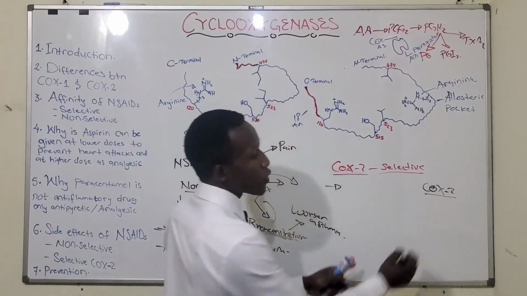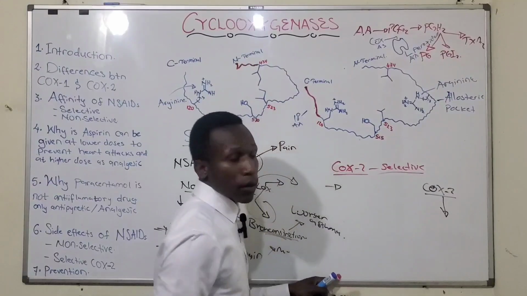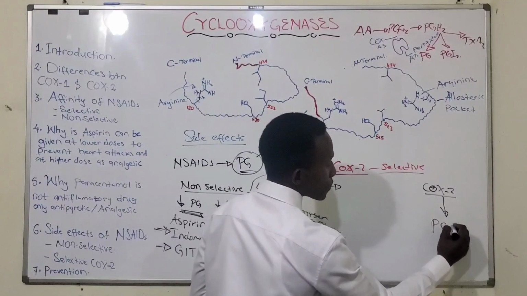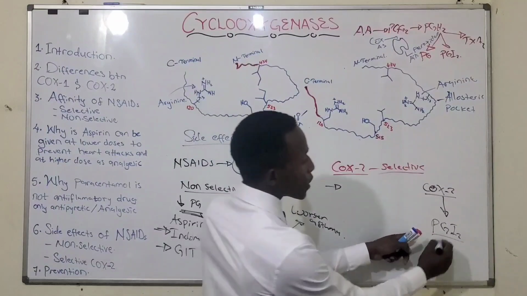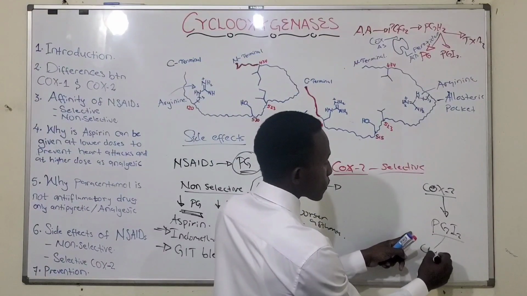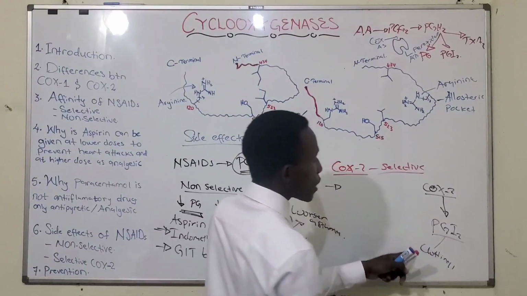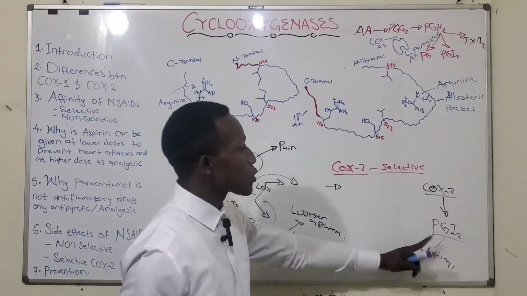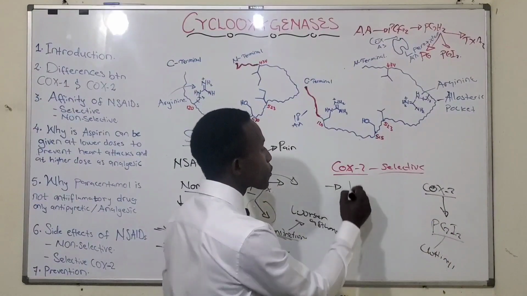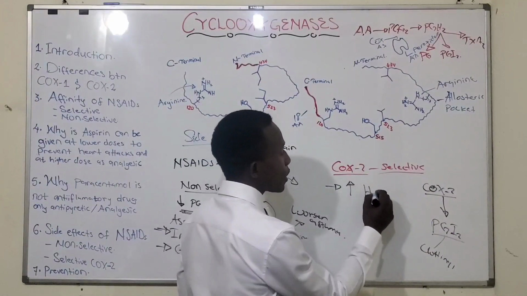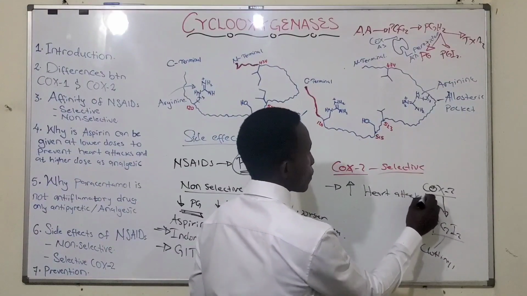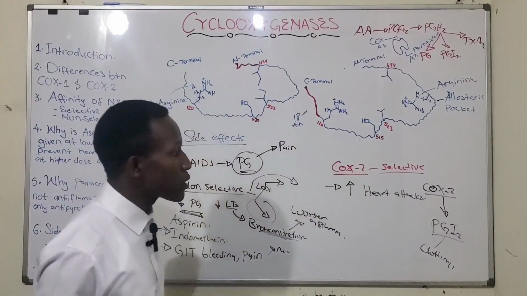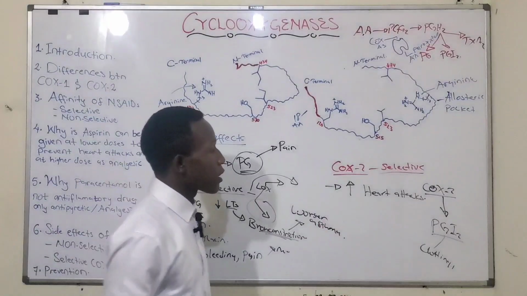Remember, this COX2 is responsible for prostacyclin production, and this one prevents clotting. So if it prevents clotting in the blood vessels and it is inhibited, we can have increased risks of heart attacks.